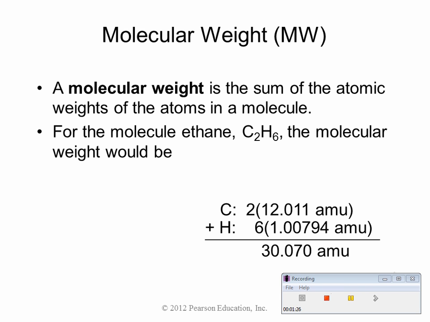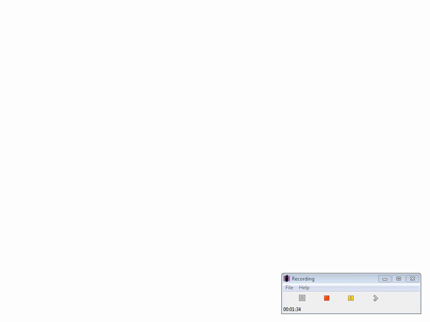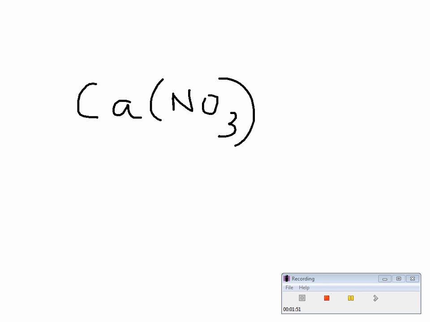Example-wise, thinking about how this looks, if we were to take a compound which would be calcium nitrate, and we were trying to find out what its formula weight was, this is ionic.